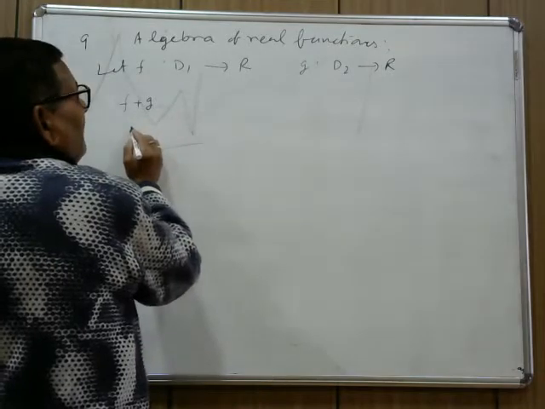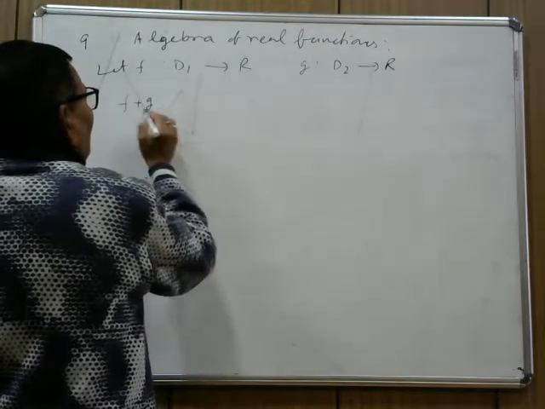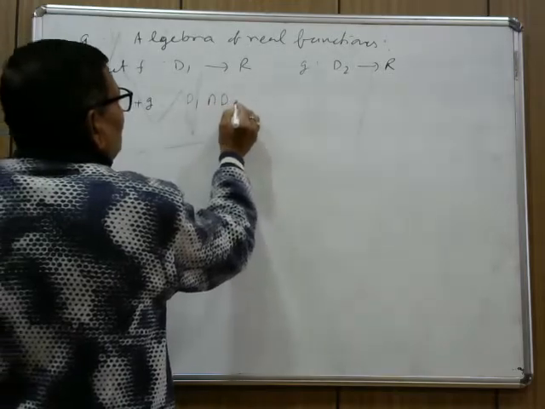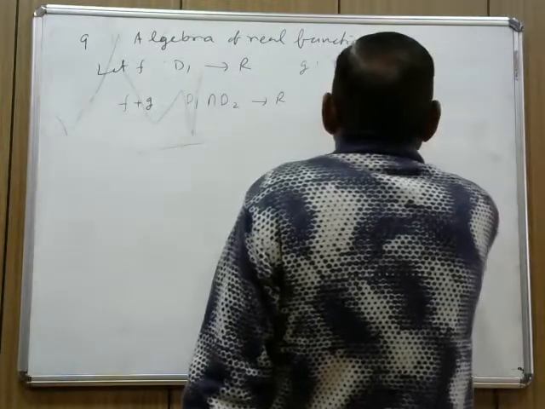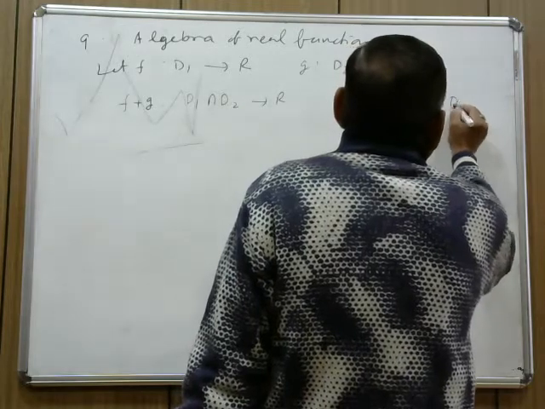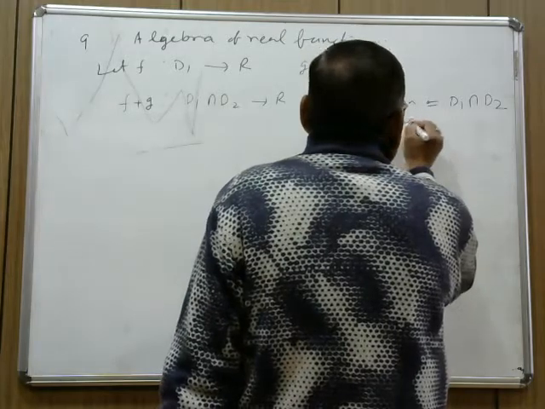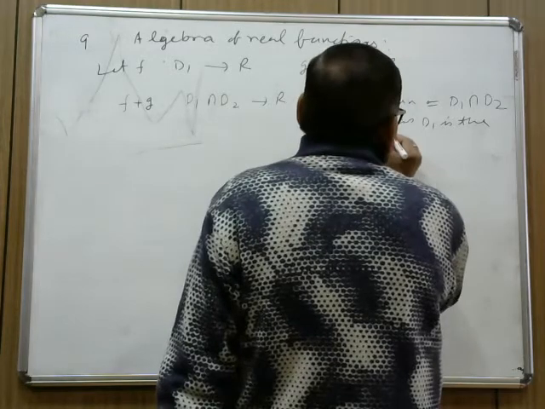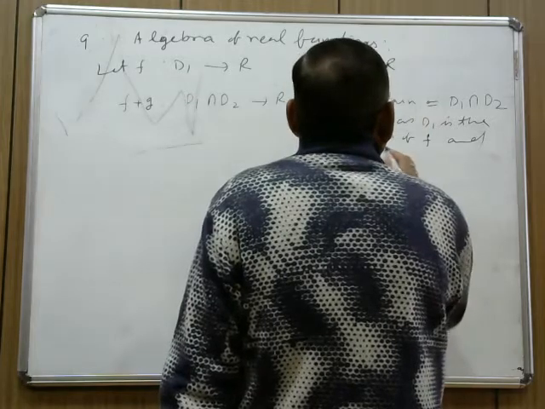So the domain of f plus g is D1 intersection D2. f plus g is defined from D1 intersection D2 to R. This is the function, and you remember that its domain equals D1 intersection D2, where D1 is the domain of f and D2 is the domain of g.